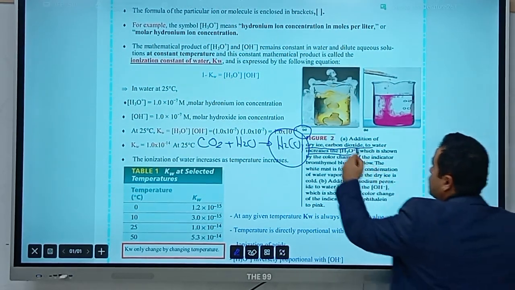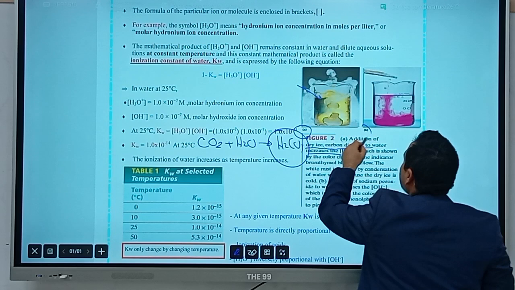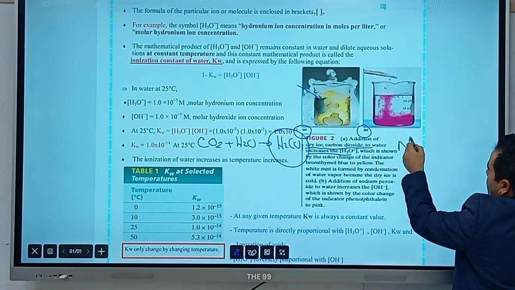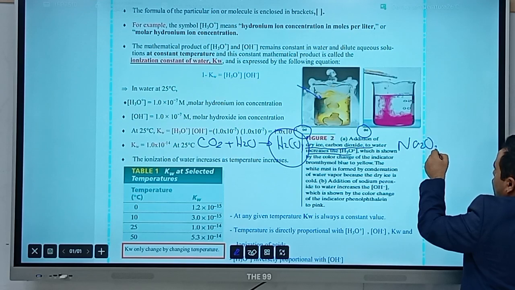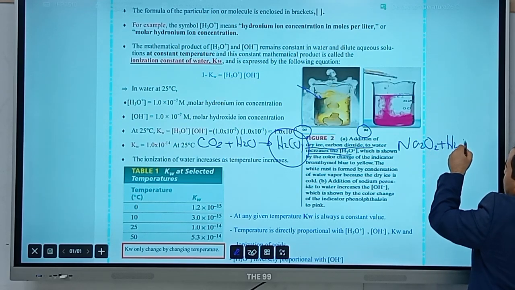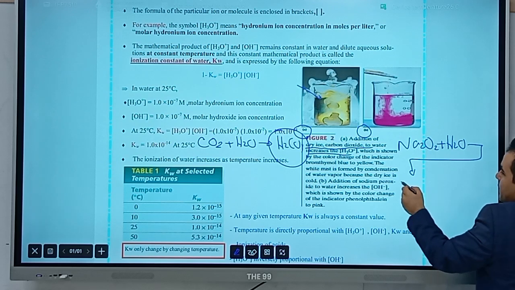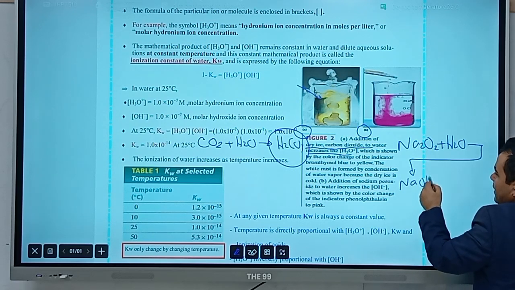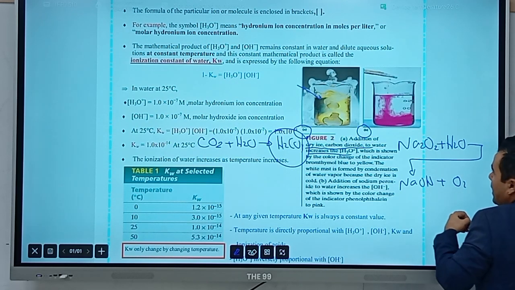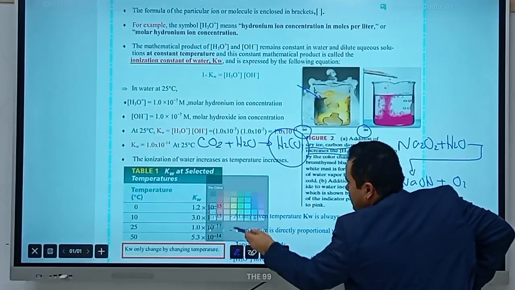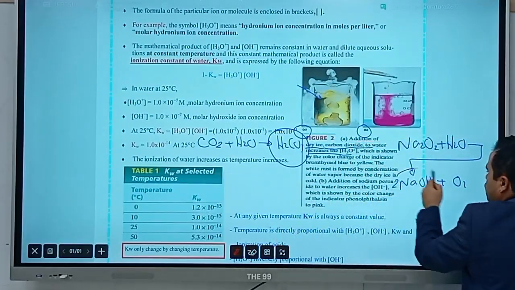But in part B, guys, the sodium peroxide Na2O2, when it reacts with H2O, we will get what? We'll get sodium hydroxide and oxygen gas. So the sodium hydroxide here is a base. You know that it is a strong base.